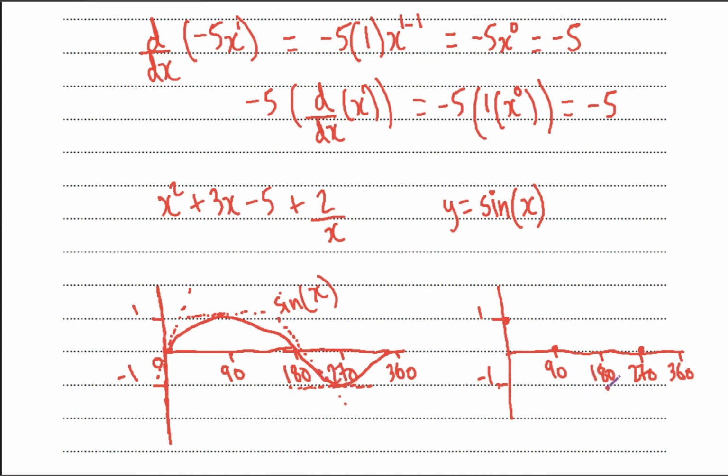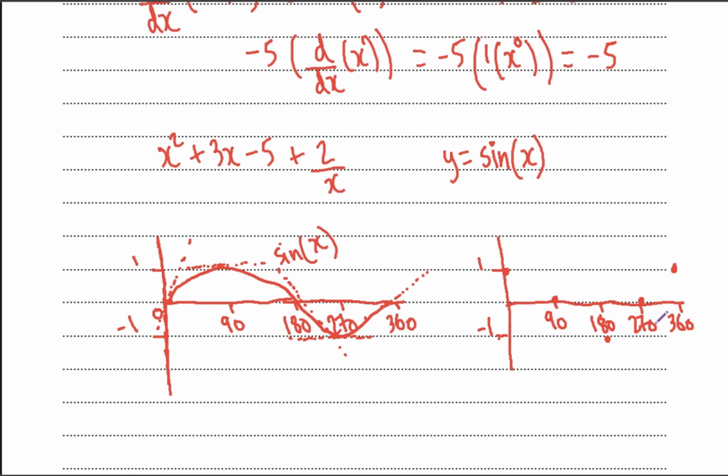So we have another point here. And then at 360, if you drew another tangent and calculate the gradient, I'm telling you it's going to be equal to 1 again. I would do it, but there's not enough space to draw proper tangents. So let's connect these points together. What do we get? We get a graph that looks like this.